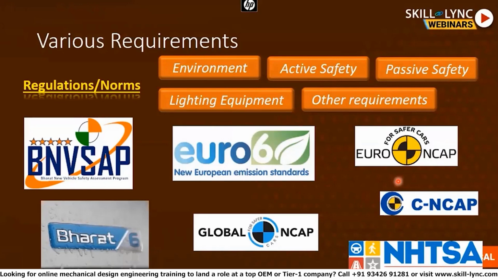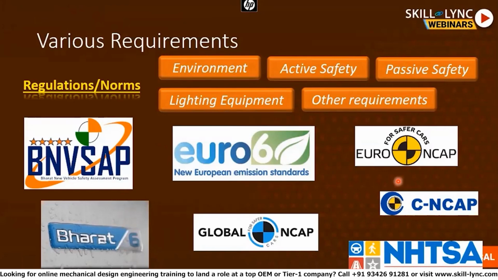And similarly, these NCAPs talk mainly about the safety, the crash related safety of the vehicle. But there are some norms which talk about the environment safety also, mainly the BS6 we are following right now in India.